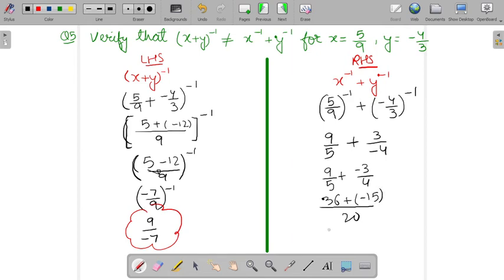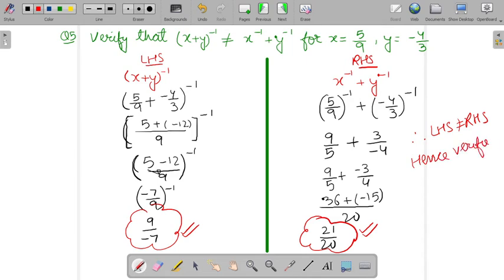Now it would be 21 upon 20. So 21 upon 20 would be the RHS. So what do you observe here? That LHS is not equal to RHS, and this is what we have to verify, that it should not be equal. Hence verified.